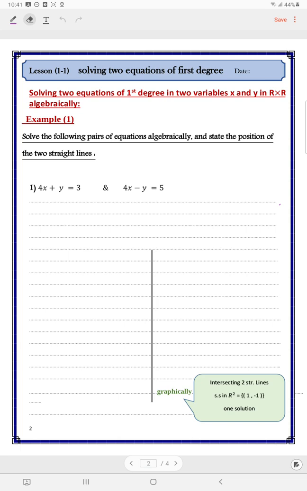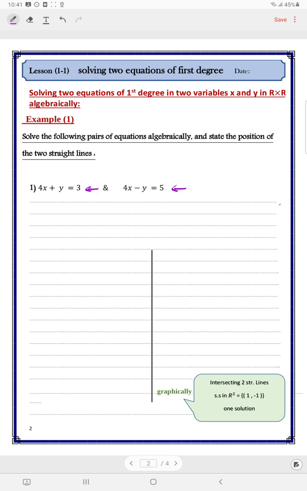Now, here I have two equations. This is the first one and this is the second. To solve two equations algebraically, firstly, determine the position. This is a very, very important point. Why?